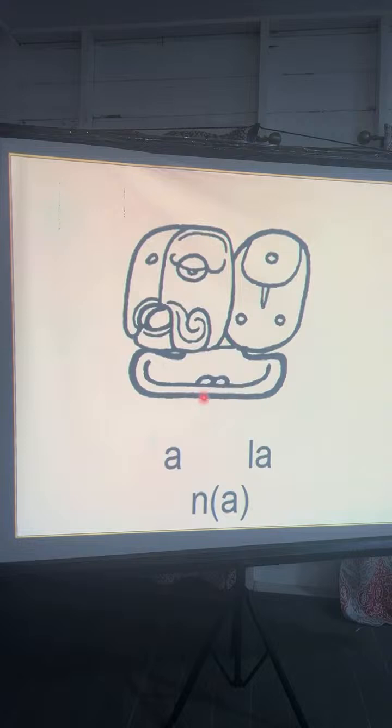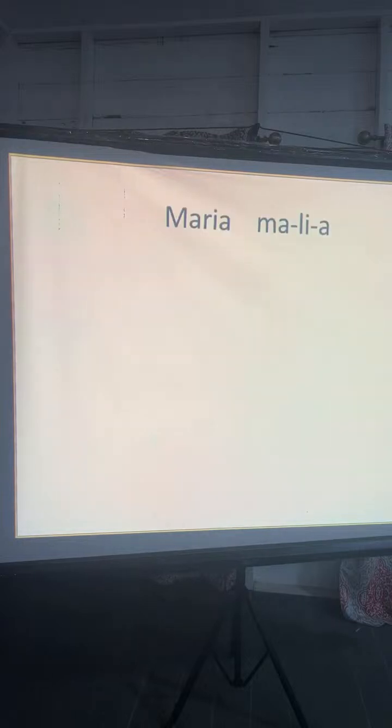You know, I might not be able to read the whole thing, but I know that this is the last sound in this glyph. You know, it's a logogram. And it's okay for us to tell our friends or guests, I can't read it, it's a logogram, but I know the last sound. So it ends with N or na, right? It's really cool for you to be able to do that, right?